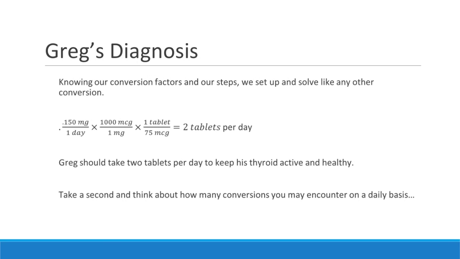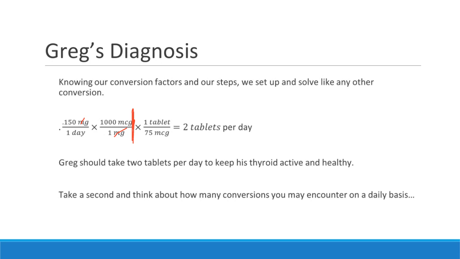We set it up like any other, right? Even though it looks a little strange talking about tablets and all that stuff, each of those is just a conversion factor, and we can get the answer we need. So if we start with 0.150 milligrams per day, right? We have milligrams cross out, becomes 150 micrograms is what it's going to be at this point.